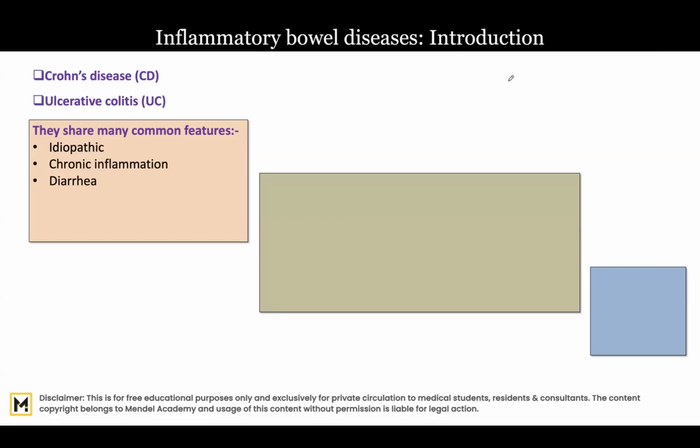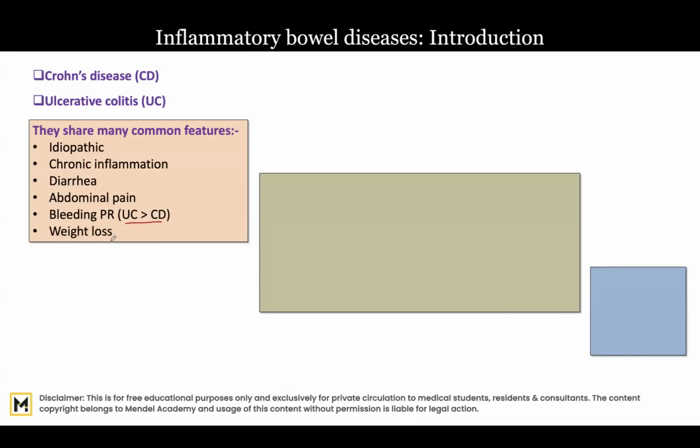So we are going to talk of these two conditions as the inflammatory bowel diseases, Crohn's disease and ulcerative colitis. Both of them will present with diarrhea, abdominal pain, bleeding per rectum. Now, this is more with ulcerative colitis compared to Crohn's disease because ulcerative colitis generally, not generally, always involves the rectum. With Crohn's, it may or it may not.